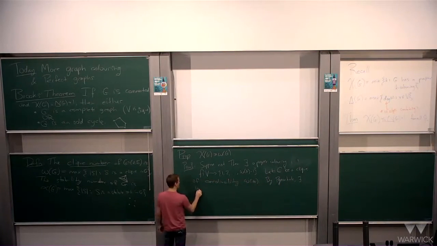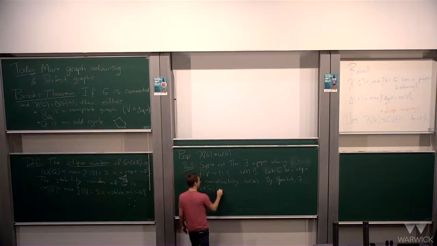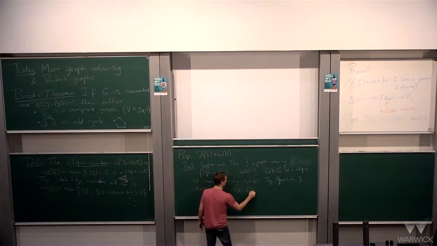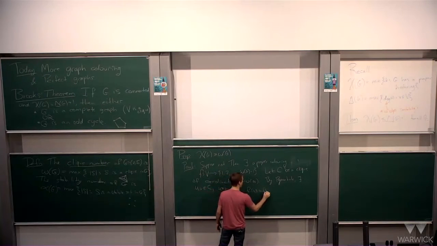So there exist U, V in C, U not equal to V, such that F of U equals F of V.